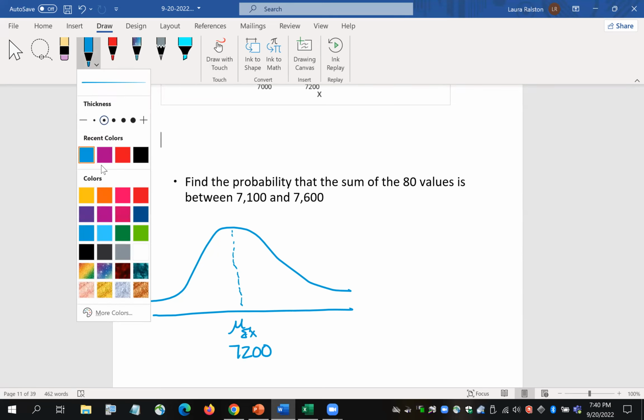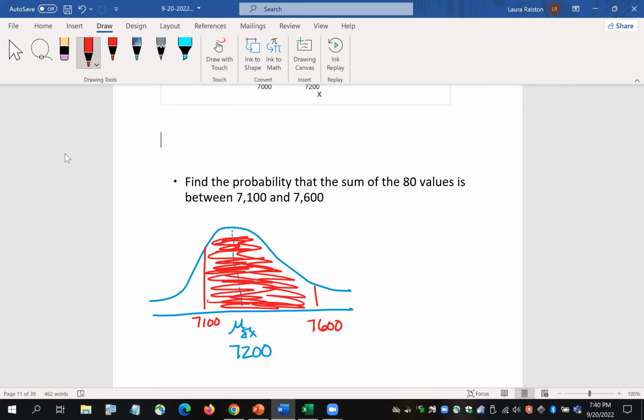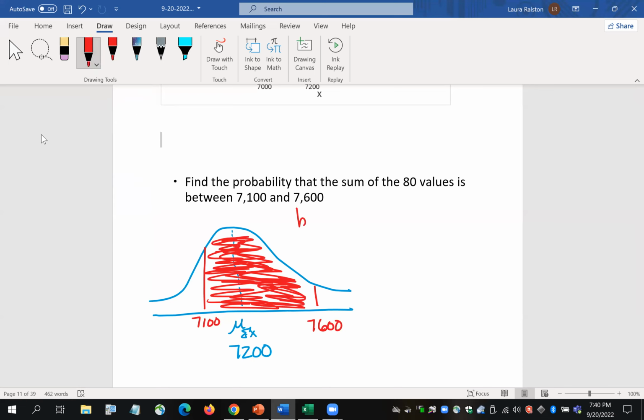We're interested in the probability that we're between 7,100 and 7,600. Okay, it is a between. The term used in Minitab is the middle.